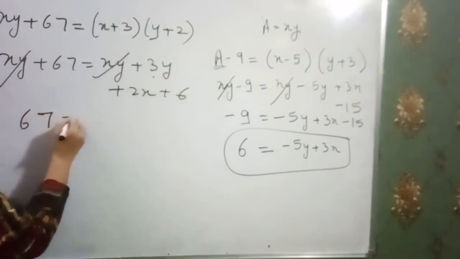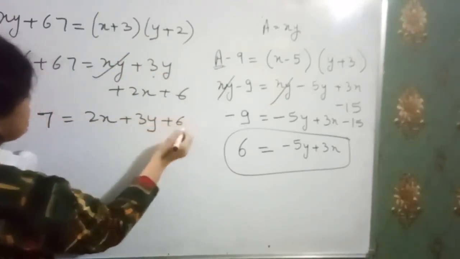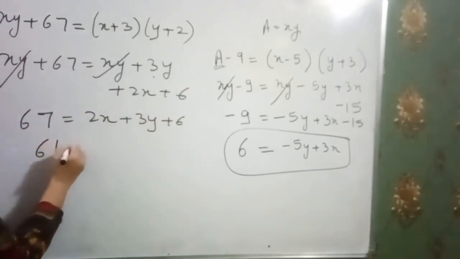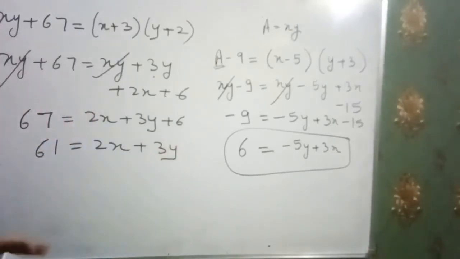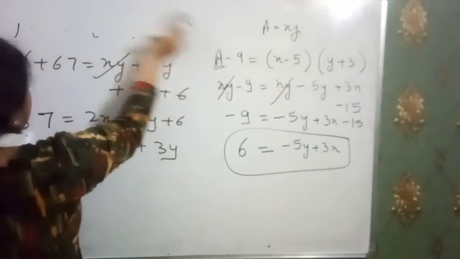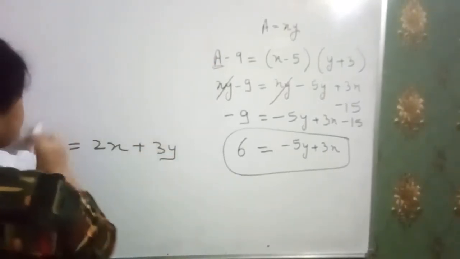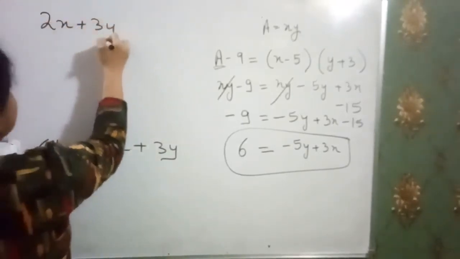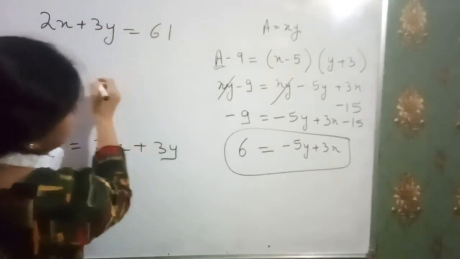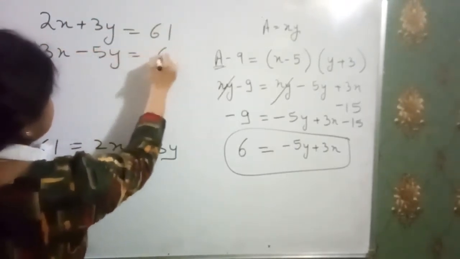We have 67 equal to 2x plus 3y plus 6. So it gets here. So we have 61 equal to 2x plus 3y. Now we have to solve these two equations in order to get the value of x and y. And I think you can do it. 2x plus 3y is equal to 61. 3x minus 5y is equal to 6.